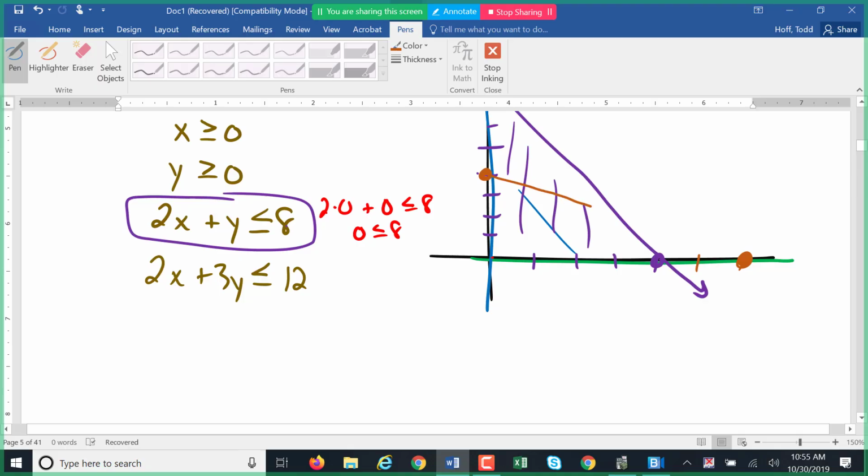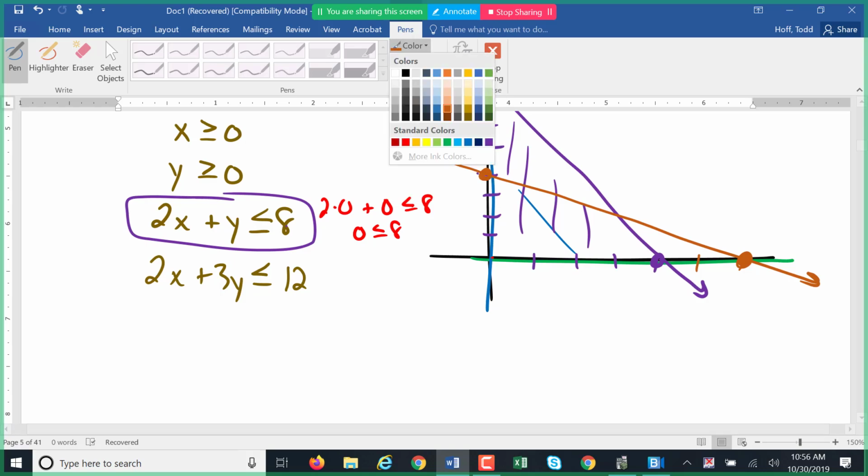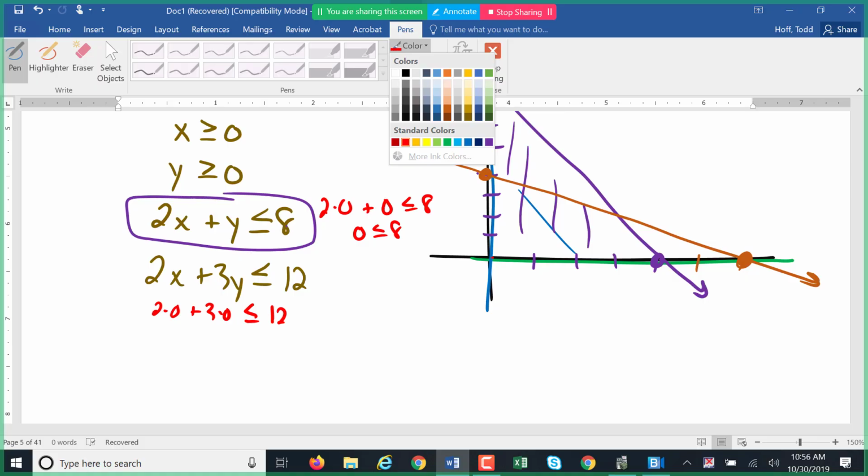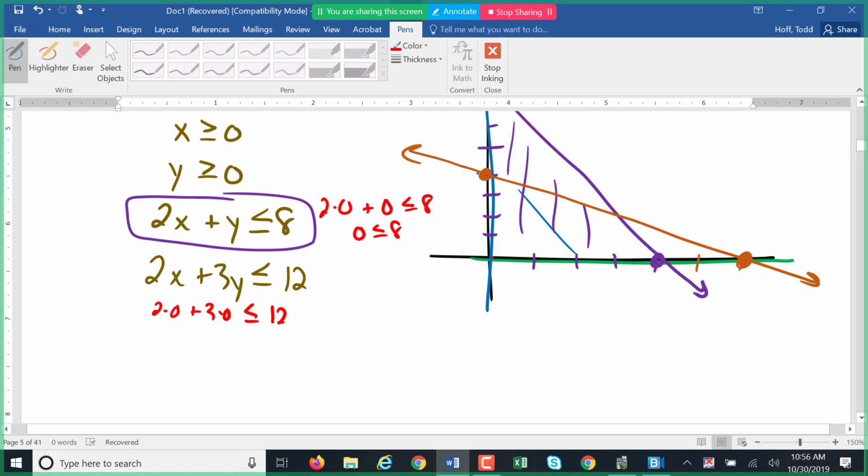Less than or equal to again, so it is a solid line. If we try 0, 0, 2 times 0 plus 3 times 0, well, 0 is less than 12. So it's definitely below that line that we're coloring in. So this is telling us that the region that we are interested in is this region right here.